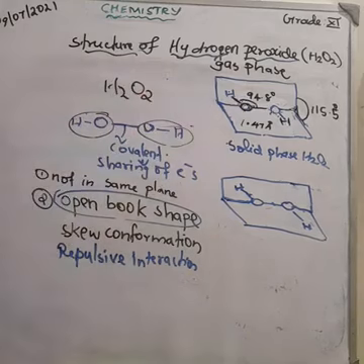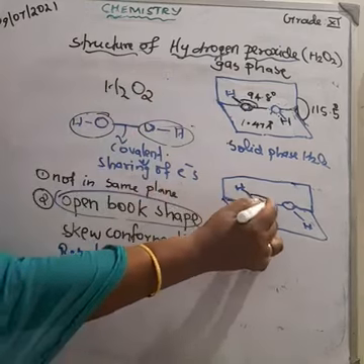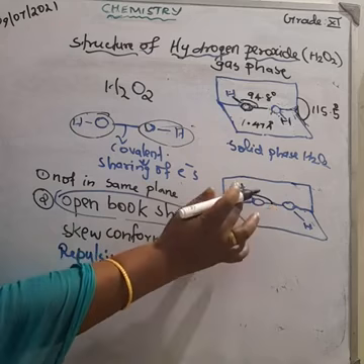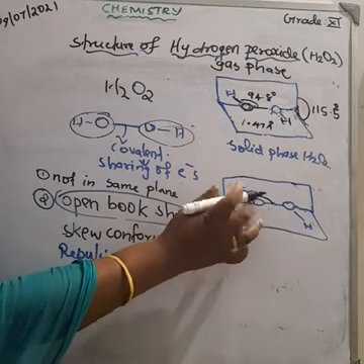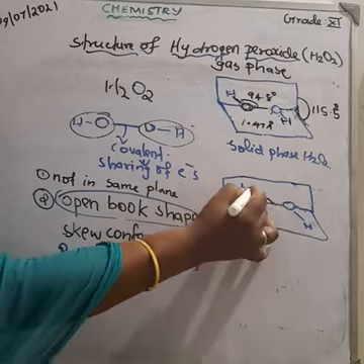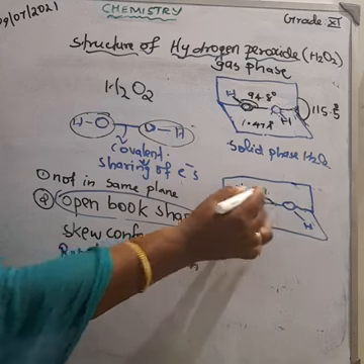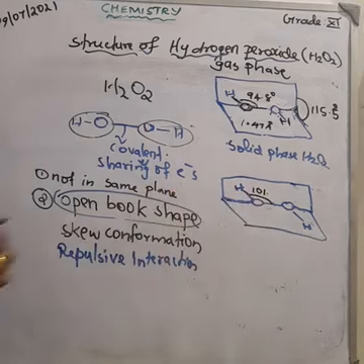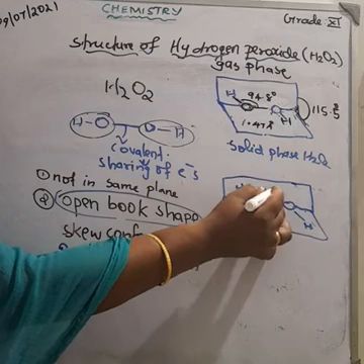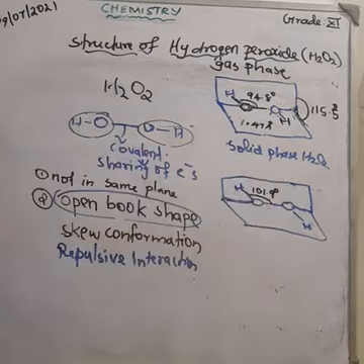But in solid phase, because of the hydrogen bonding, the HOO bond angle expands to 101.9 degrees. Understood? The bond angle differs here.